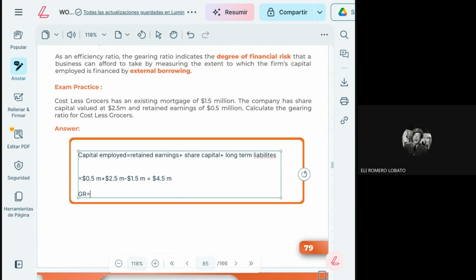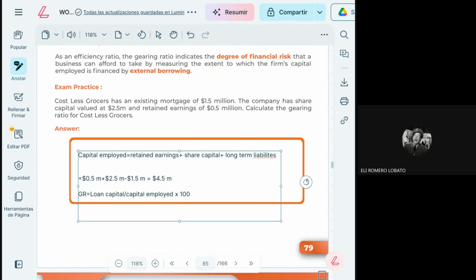So with that, we are going to calculate the gearing ratio. We are going to substitute. Remember, the formula is loan capital over capital employed. After we calculate this, we multiply times 100 to get the percentage.